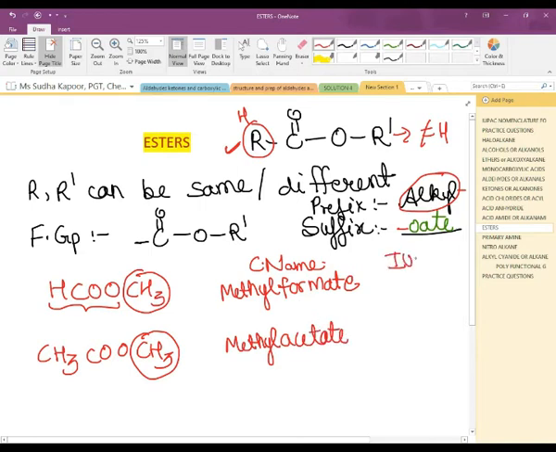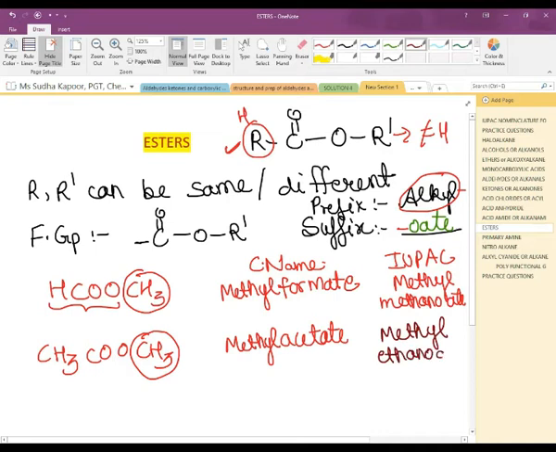In the IUPAC, the first one will be methyl, and formic acid is known as methanoic acid, so we will call it methyl methanoate. And in the other example, methyl, 2 carbon acid, then oate, methyl ethanoate.